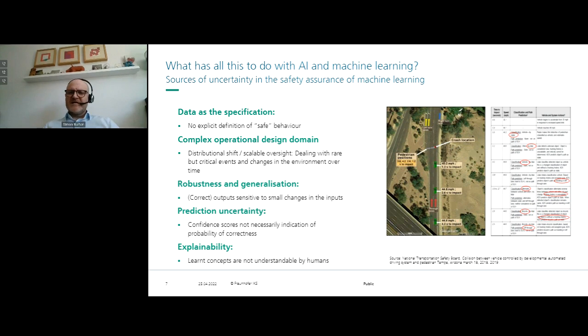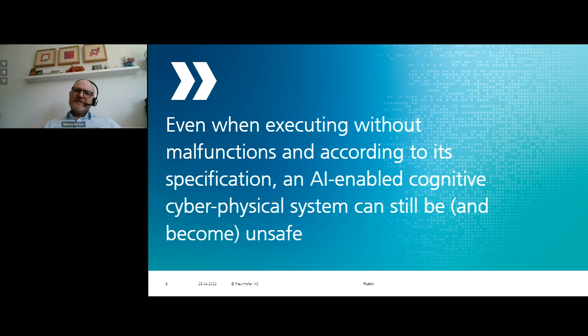And the last point is explainability, where due to the complexity of these functions and the millions of parameters these functions use, it's very difficult to understand exactly why a function chose to take a certain action. So in summary, what we see is for this class of technologies and this class of problems we're trying to solve, even when we're executing without malfunctions, without any software bugs, without any hardware failures, and according to the specification, an AI-enabled cognitive cyber-physical system can still be or become unsafe in the future.